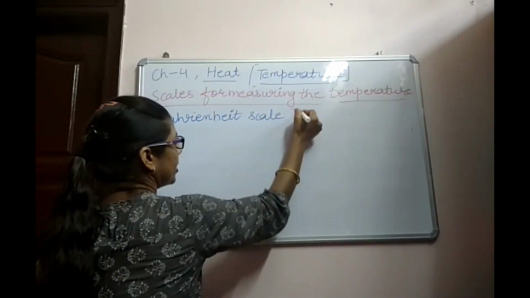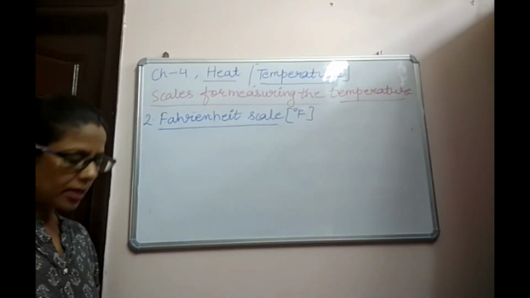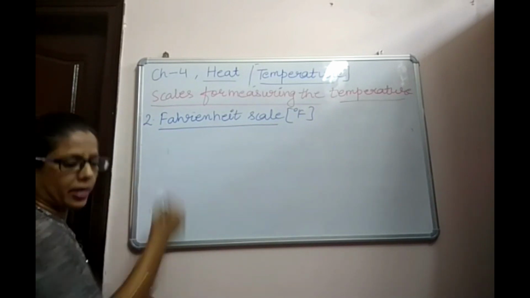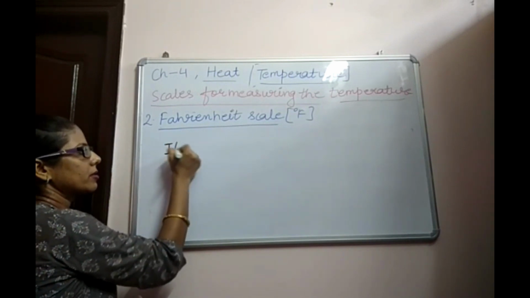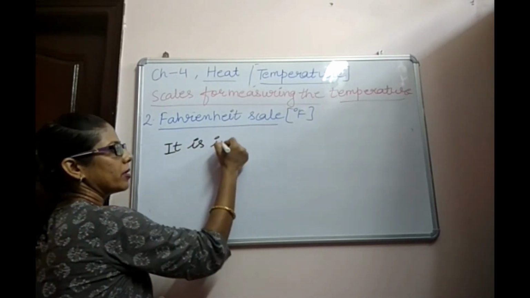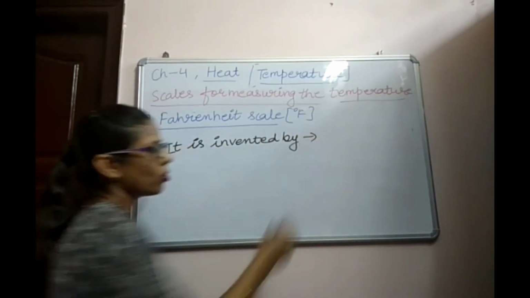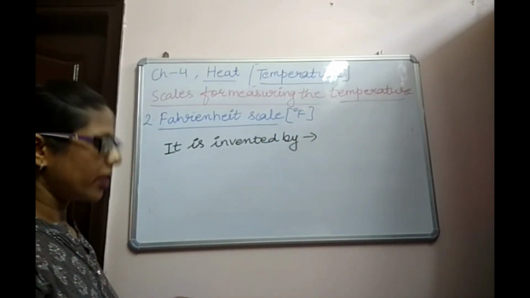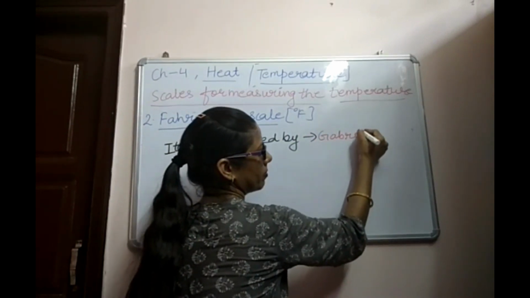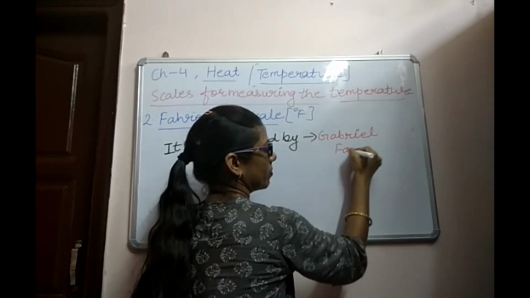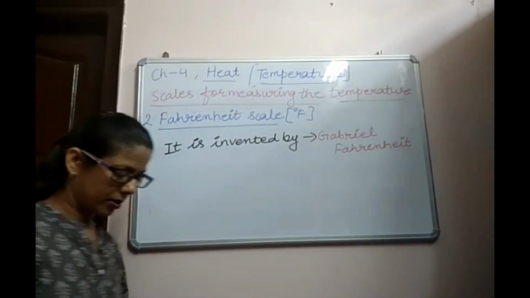It is denoted by degree F. This scale was invented by Gabriel Fahrenheit, and that's why the scale is named after its inventor.